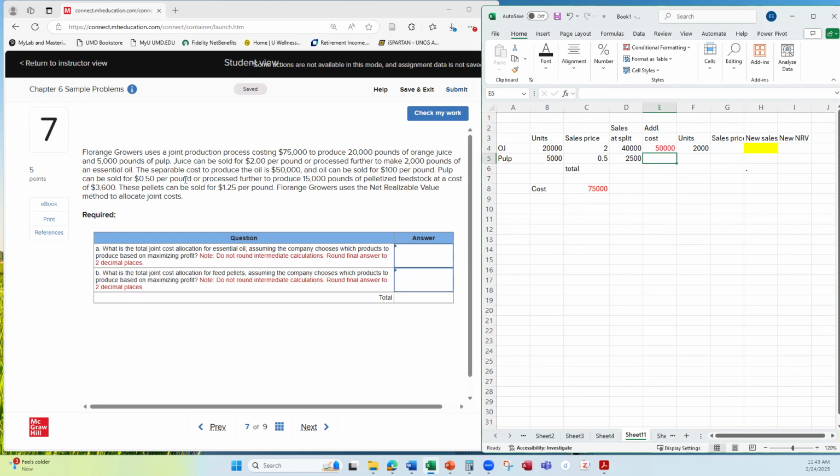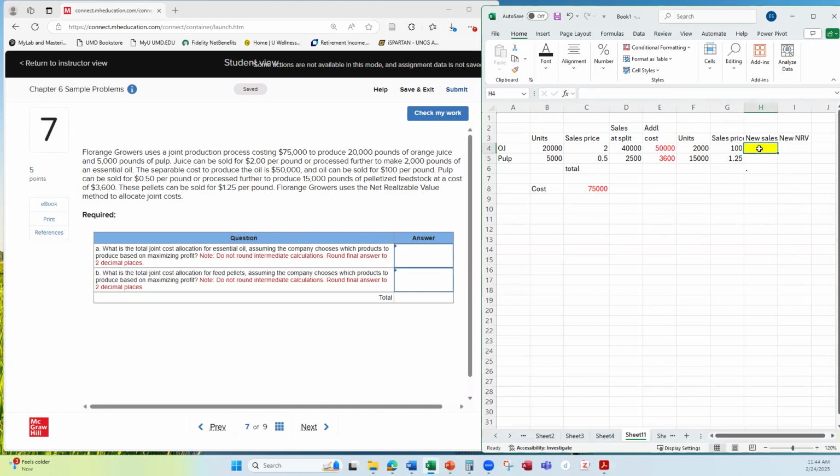And pulp can be sold for 50 cents a pound, or we can process further to make 15,000 pounds of feed stock at a cost of $3,600. Pellets can be sold for $1.25 a pound, and the oil can be sold for $100 a pound.